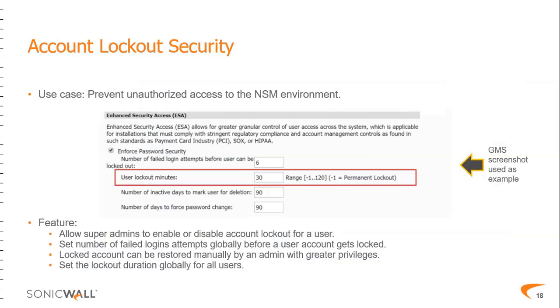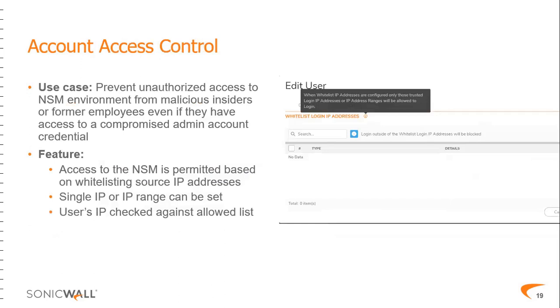The admin can enable or disable the account lockout for a user, set the failed login attempts allowed before the user gets locked out, restore the locked-out account, and also set the lockout duration for all users. For account access control, you can prevent unauthorized access to the NSM environment from a malicious insider, because your internal users can also be controlled.